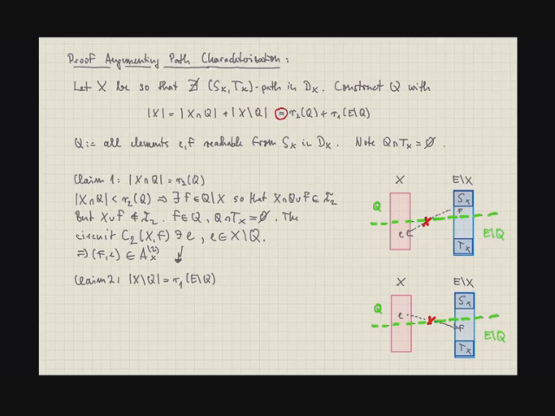So we have found an element E down here in the complement of Q, which is reachable from the set Sx, and that's a contradiction to our own construction.